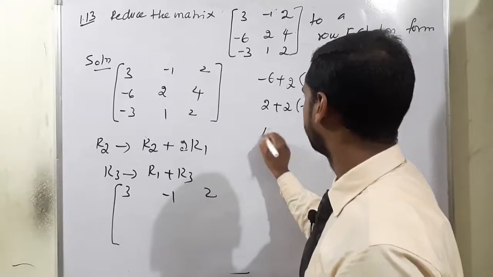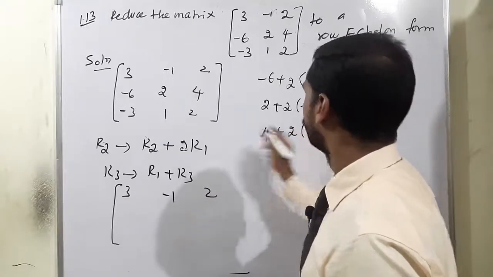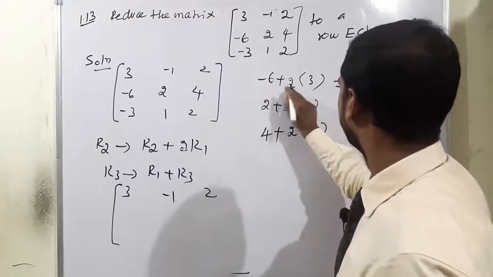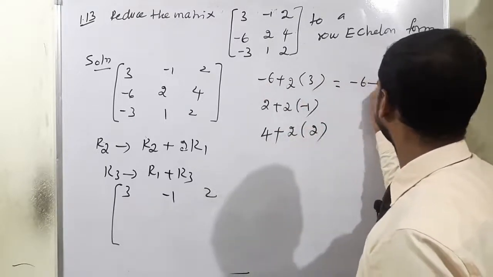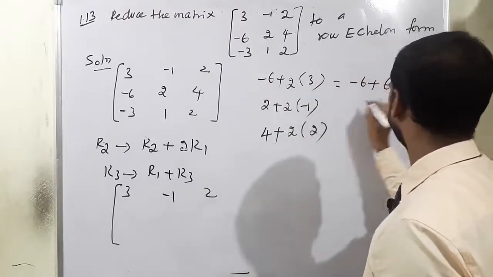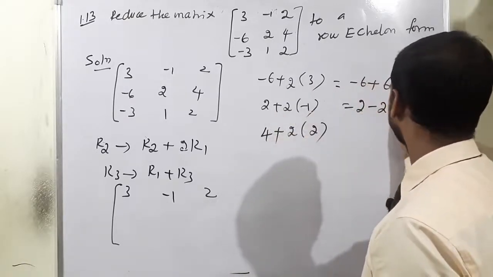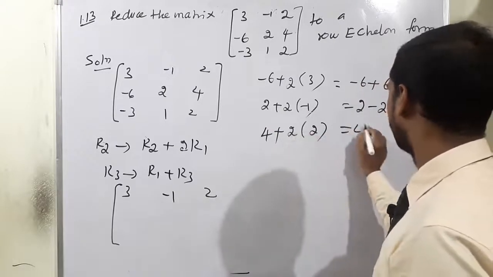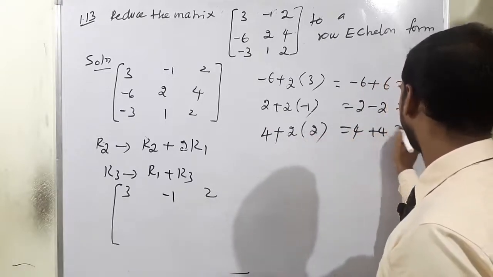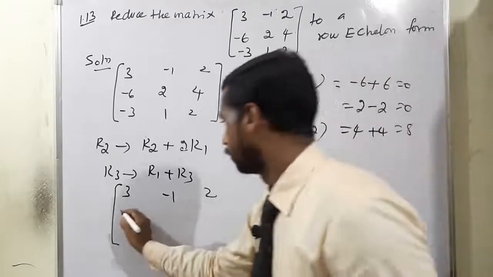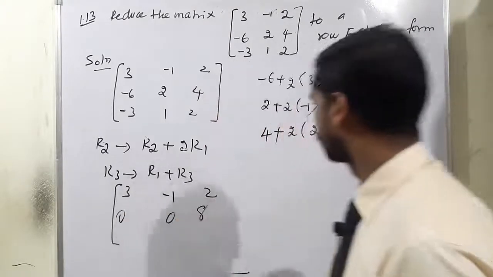Next, 4 plus 2 into 2 only. So 2 into 3 is 6, minus 6 plus 6, the value will be 0. Then 2 minus 1 into 2, minus 2, the value will be 0. Next, 4 plus 2 into 2, that value will be 8. Therefore, 0, 0, 8. We can write 0, 0, 8.